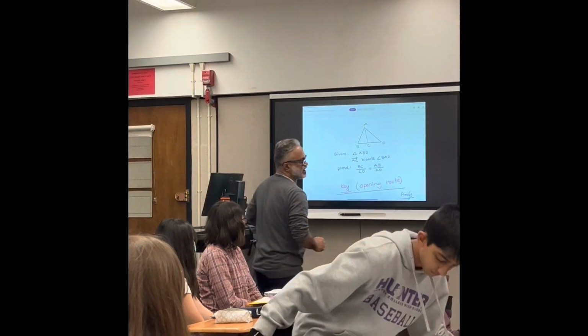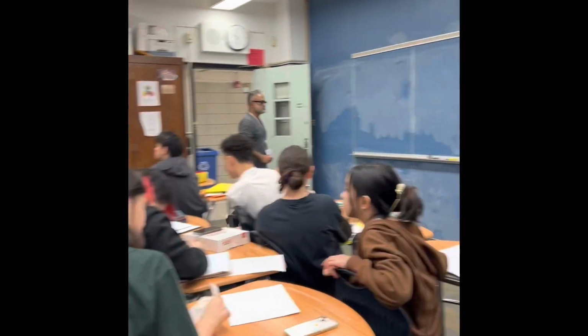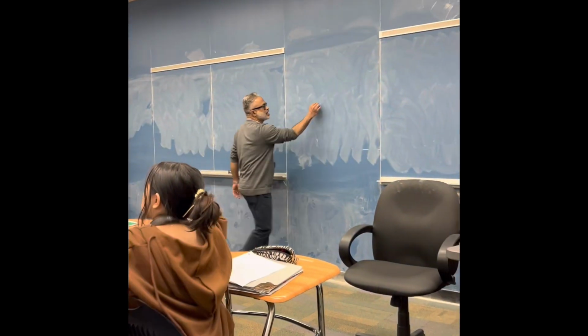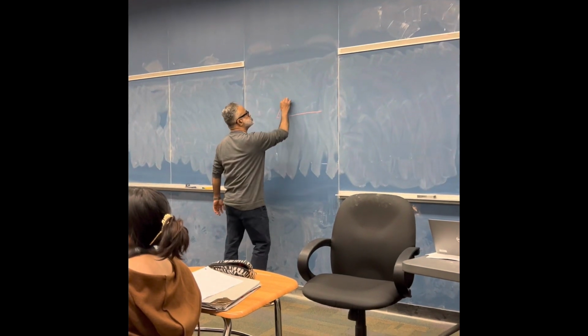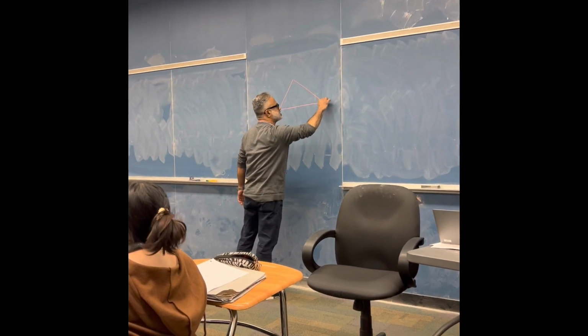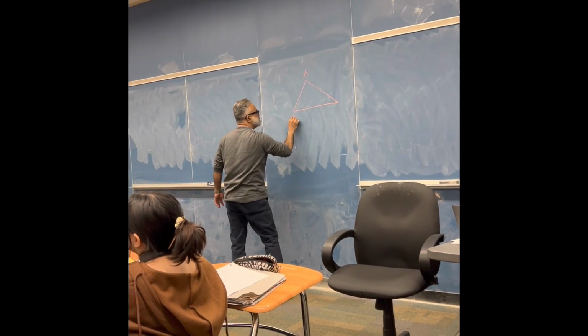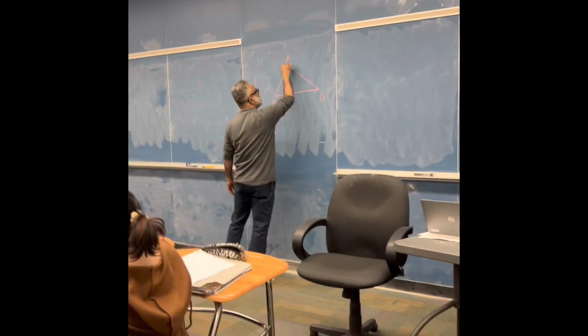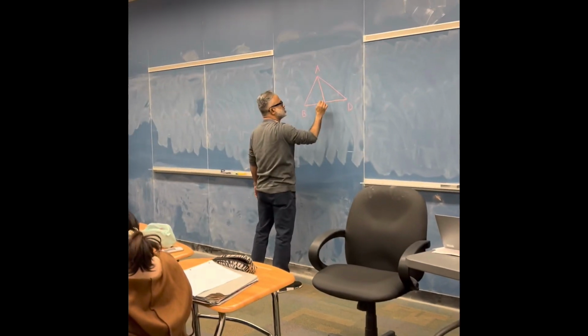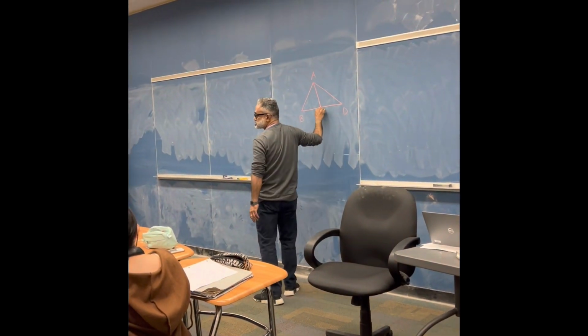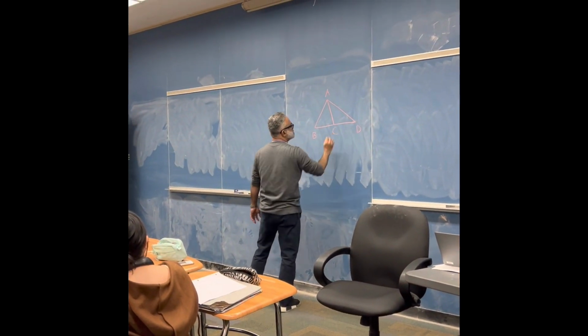Who wants to try that? Anybody wants to try that? So let me draw that. If it is like this, we said this is A, this is B, this is D, and this angle bisector, that's what we named as C, right?